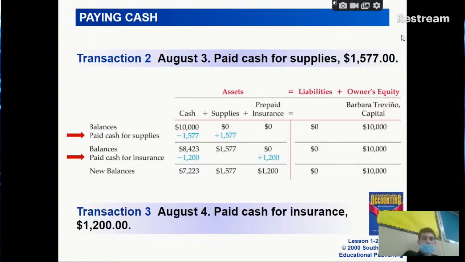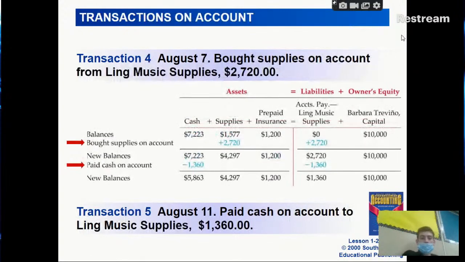All right. Going to introduce another account. We talked about it yesterday. Let me scoot it over a little bit. There you go. All right, so what did we say liabilities were? All right, so on August the 7th, we bought some supplies.